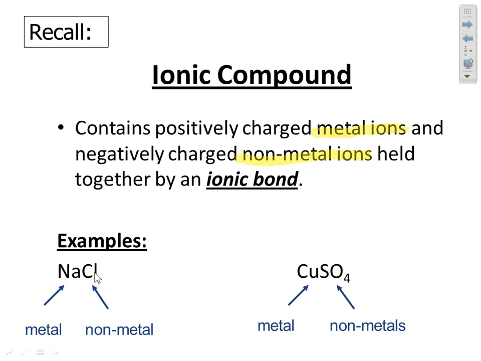So here we've got sodium chloride, metal non-metal, therefore it's ionic, and here we've got something called copper sulfate, metal with a group of non-metals. We call this a polyatomic ion. We'll deal with that a little later on. But because it's a metal with this group of nonmetals, it is also an ionic compound.